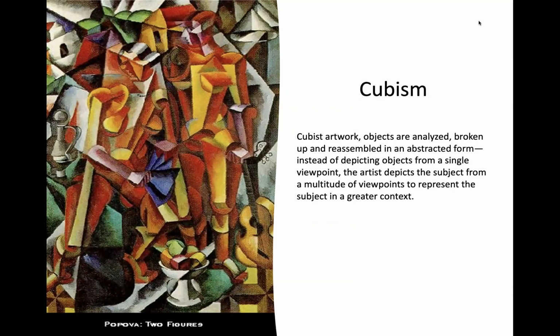But there's not like one single viewpoint that's depicted. There's lots of viewpoints, and they're represented in very odd shapes and forms. So that you have to look at the overall piece to get the context of it and put it together kind of like a puzzle.